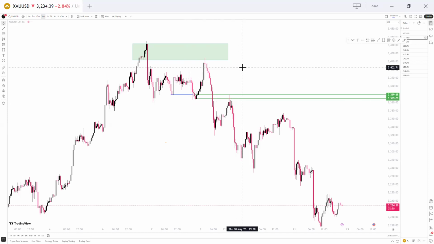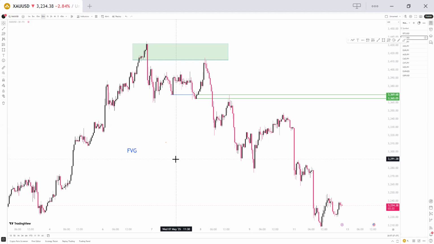Now, for fair value gap, how will I put it? What definition will I give it? FVG. Let me just type it here. What's the definition for FVG?